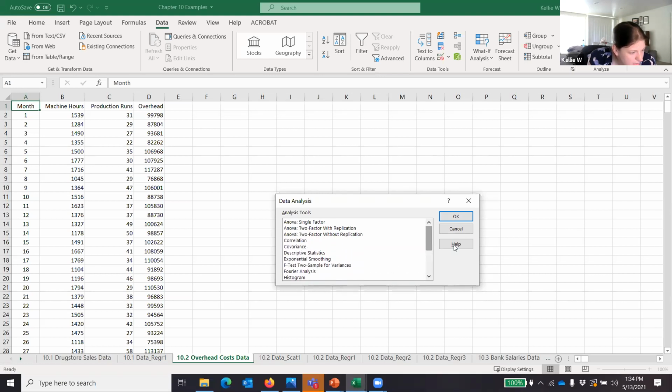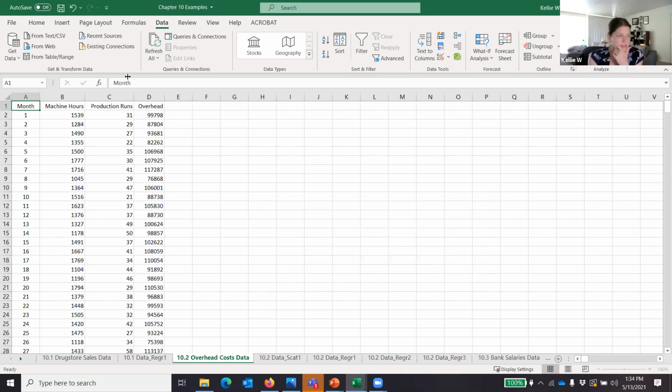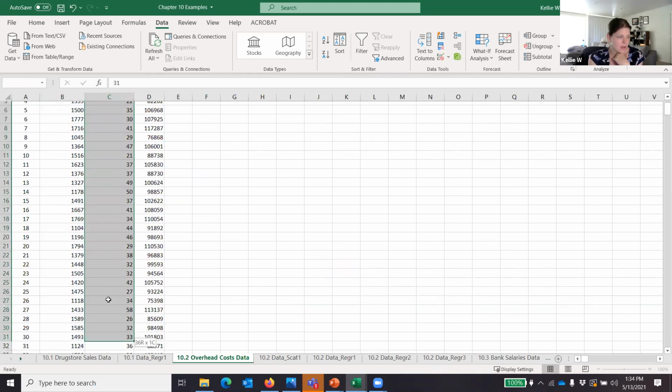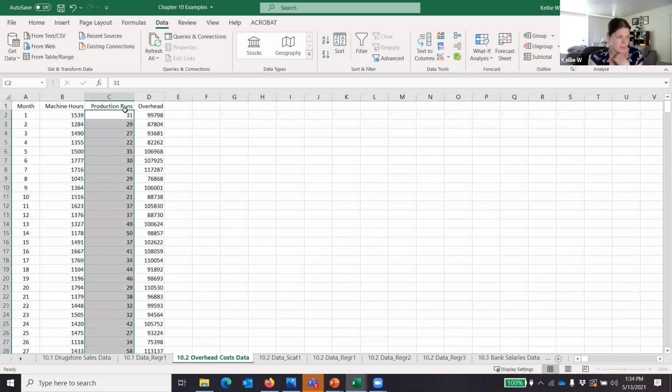They had to use that add-in, which is disabled right now, so I can't pull it up. But we would select y, which would still be overhead, then machine hours as one variable, and our other independent variable would be production runs.